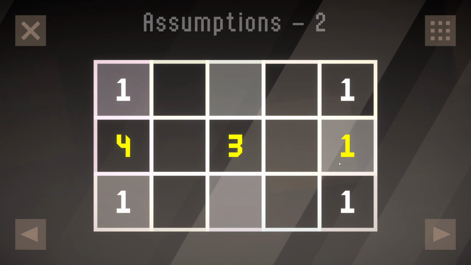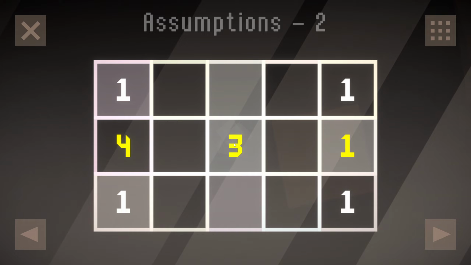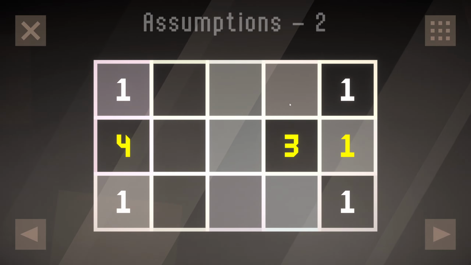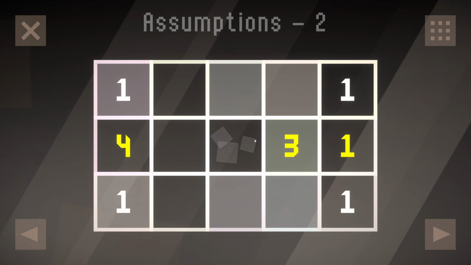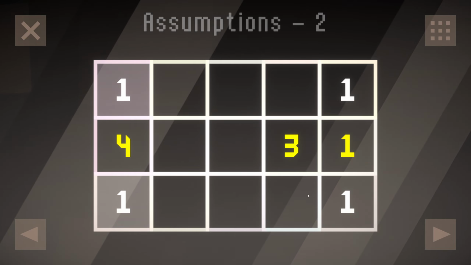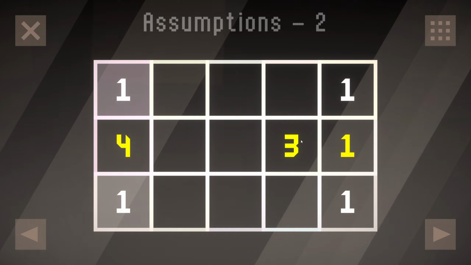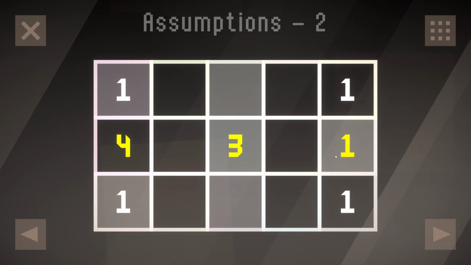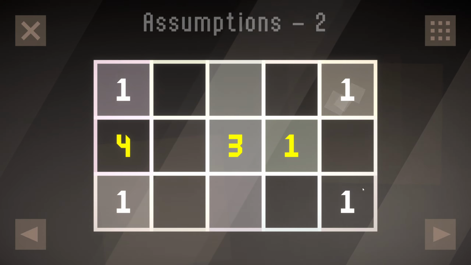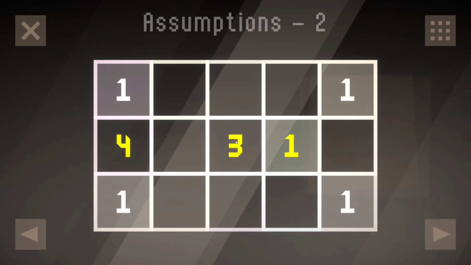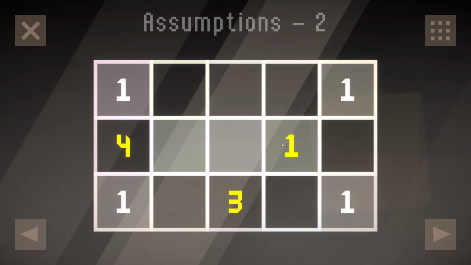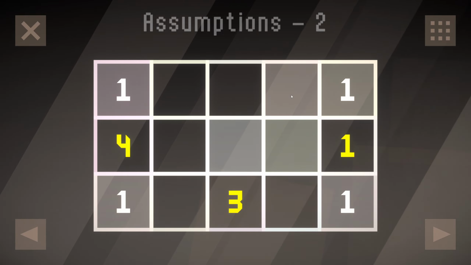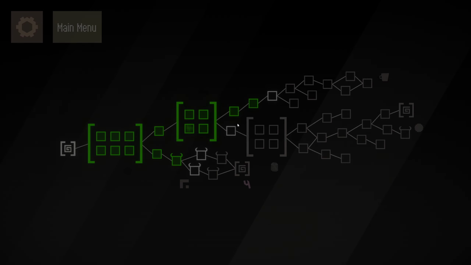The 1 can go in between any of the other ones, that's fine. But what can I do with the other single tile? Where can I put the 4?